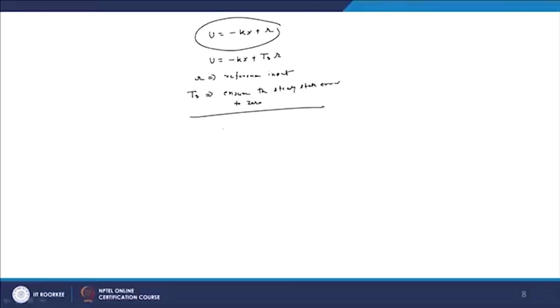So, now x dot equals Ax plus Bu, and U we will write as minus Kx plus Ts into R. Now the equation has changed to A minus BK times x plus B into Ts into R. Now, this equation we have determined.